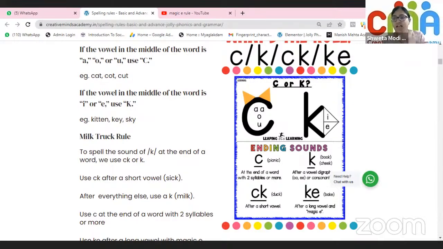Okay? अगर आपको k पहले सुनाई दे रहा है और उसके बाद vowel sound है, तो हमें cat kite rule देखना है. Okay?